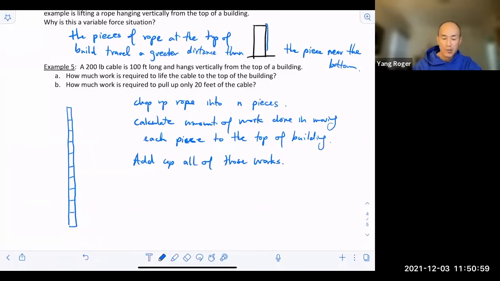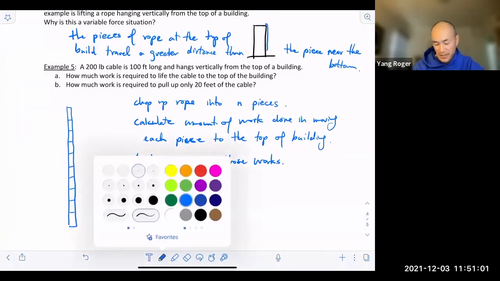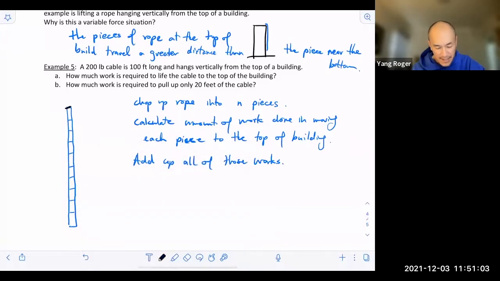So I'm going to call the top of the building distance 0. The bottom of the rope is distance 100, like this. So I have n pieces of rope, right?